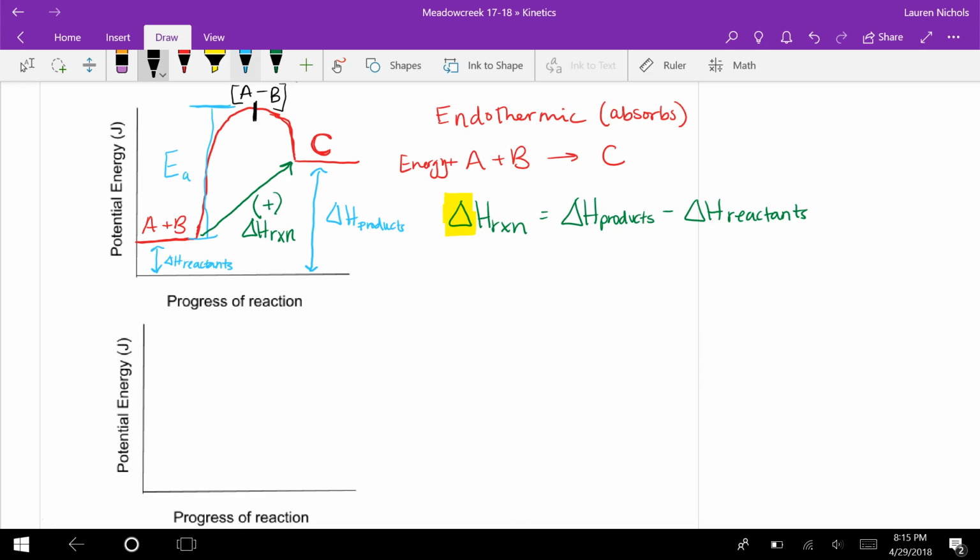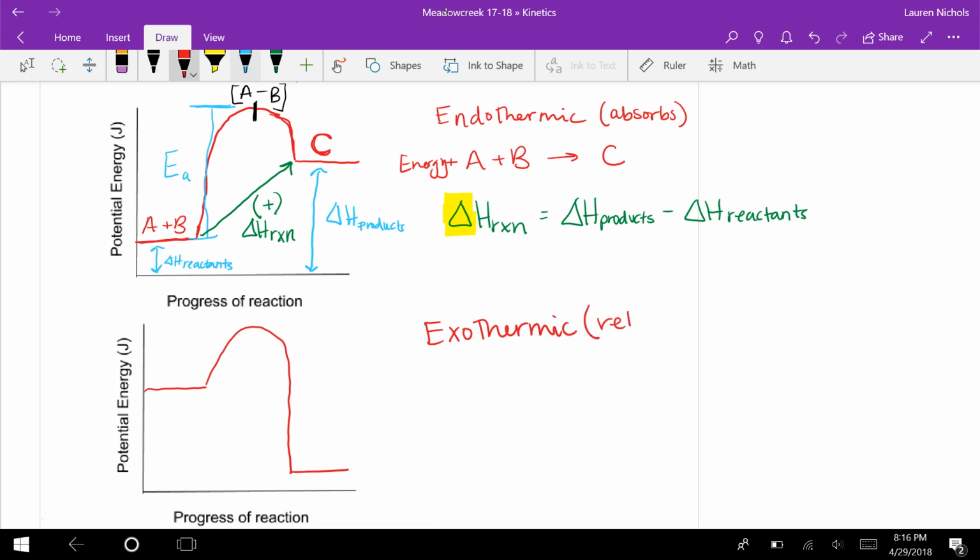Now, another way of showing that reaction is if we look down at our exothermic energy diagram, okay? So if we were to make a diagram that was exothermic like this, and let's go ahead and label. Remember, exothermic is the opposite of endothermic.